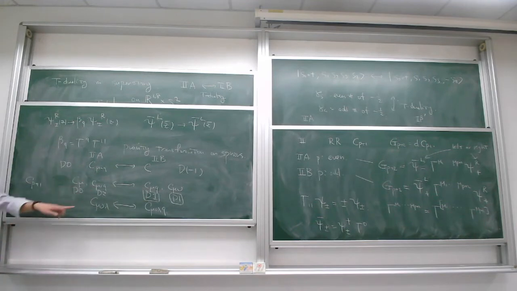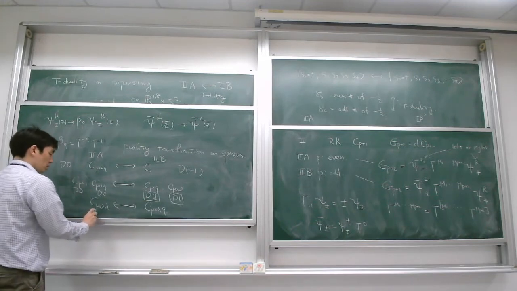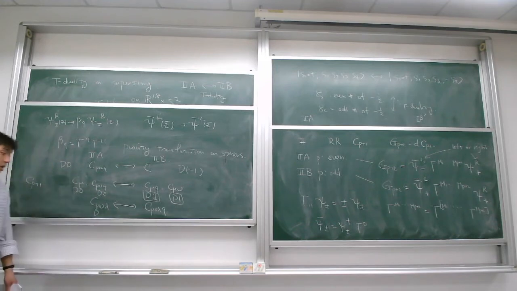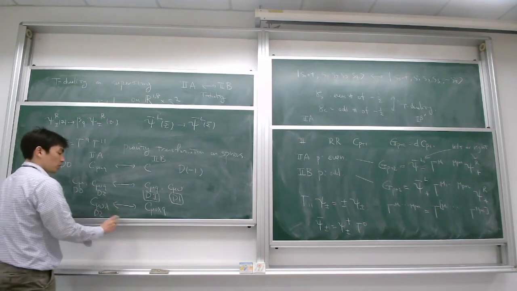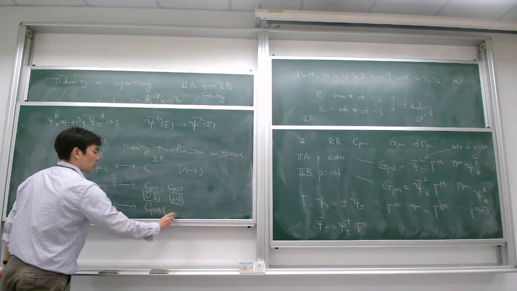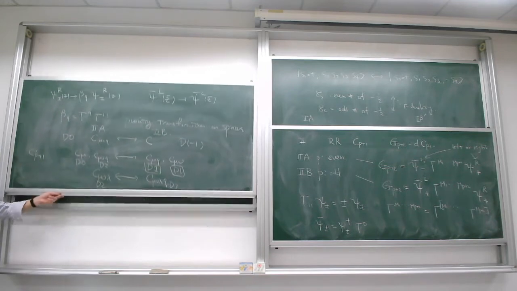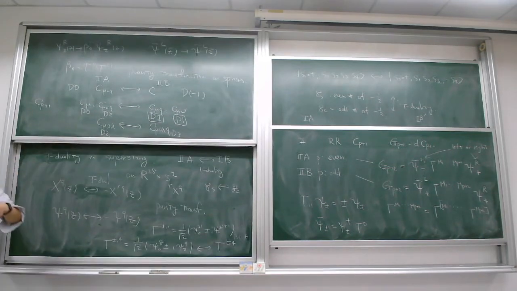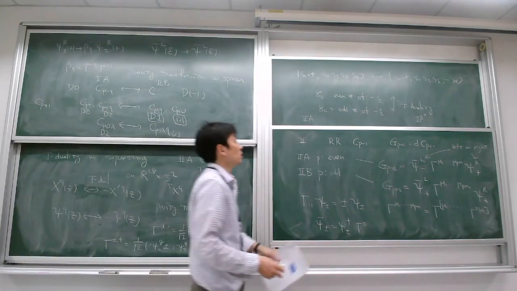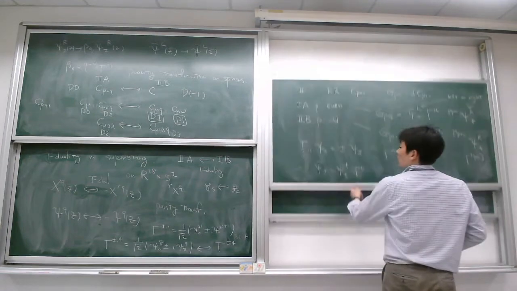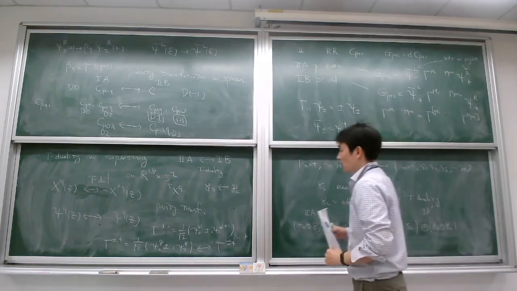Okay. And this associated D2 becomes a D3 brane if there is no 9th direction. Okay. If there is no 9th direction. So this is consistent with what we have seen before.